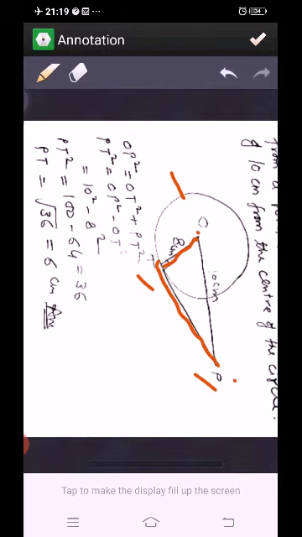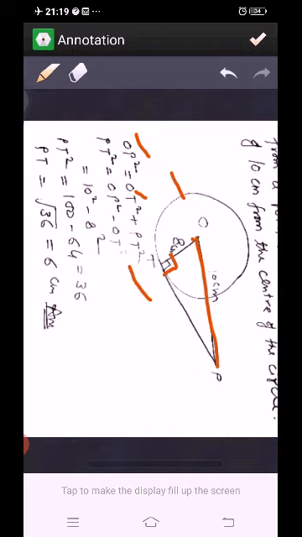So we can see that this angle is 90 degrees. If this angle is 90 degrees, this will be the hypotenuse. So hypotenuse square, that is OP square, equals perpendicular square, OT square, plus base square, that is PT square.